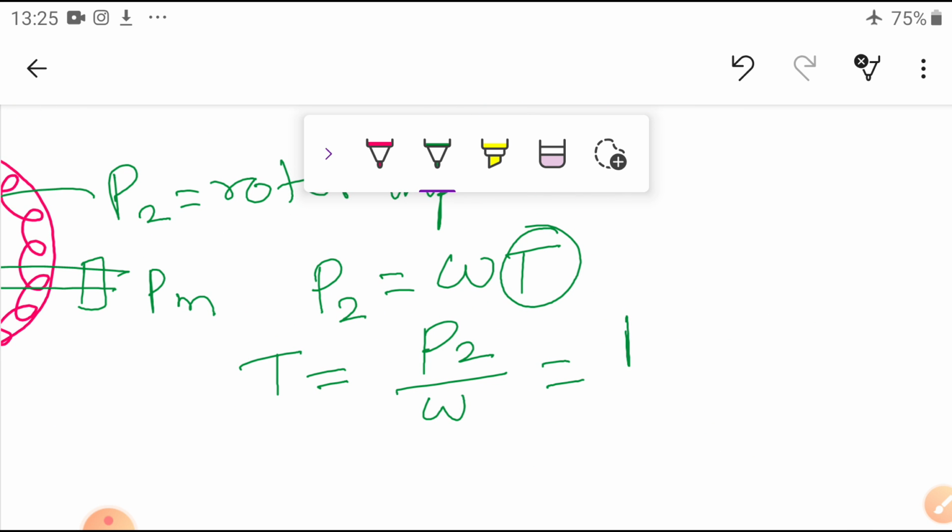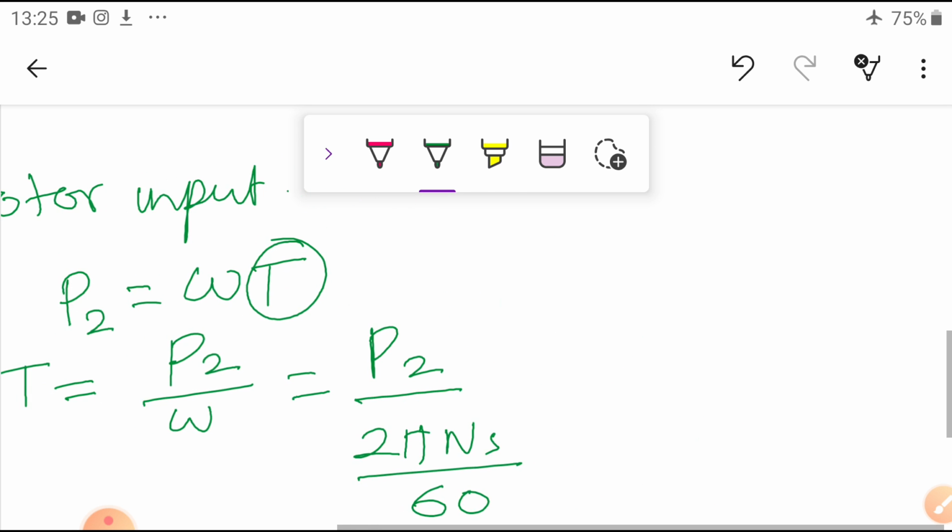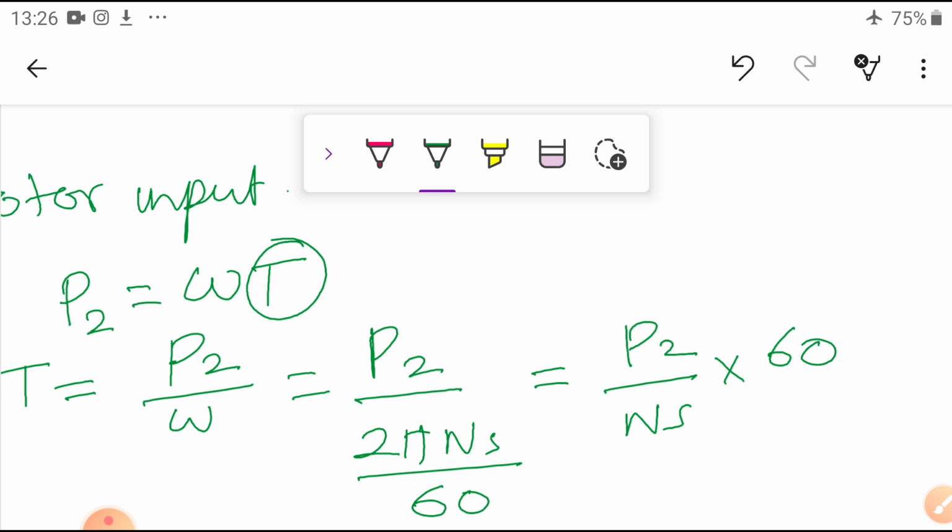Omega is 2 pi ns by 60, converted to RPS, and P2 is the power in watts. So the torque is P2 by ns into 60 by 2 pi. This is the one equation you can see.